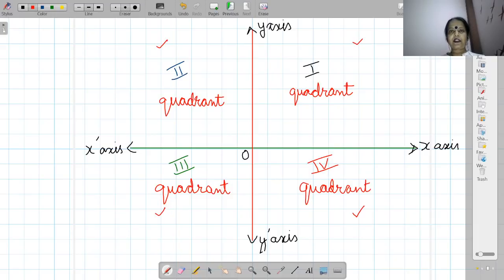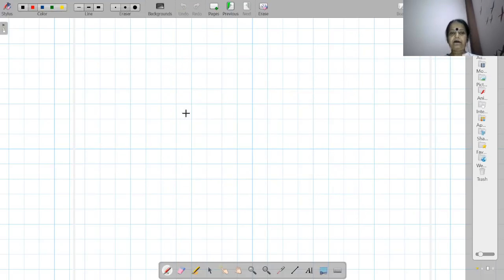So what we have done up to here is the concept of x-axis and y-axis: the horizontal line is x-axis, the vertical line is y-axis. The other name of x-axis is abscissa and the other name of y-axis is ordinate. And x-axis and y-axis together make coordinate. Now next we will go further. Suppose you have to plot the values on the graph.